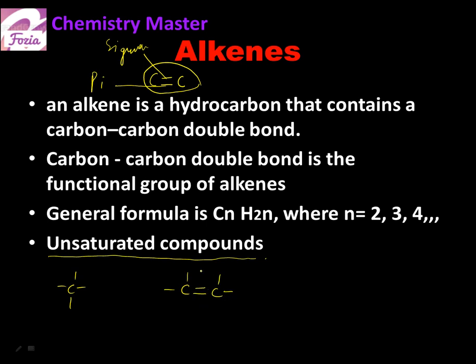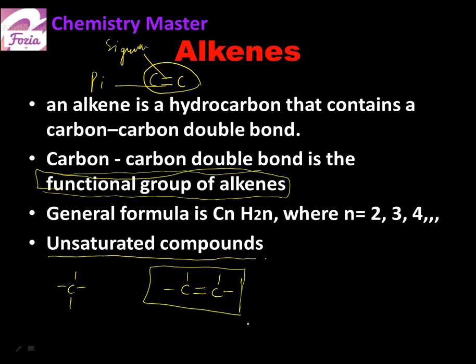The next is this carbon-carbon double bond is very important because it becomes the reason for all of its chemical properties, and that is why it is responsible for all the chemical reactions, and this is due to the functional group of alkenes. So as alkenes are named and identified and they react just due to this double bond, that is why we say the functional group of alkene is its double bond.